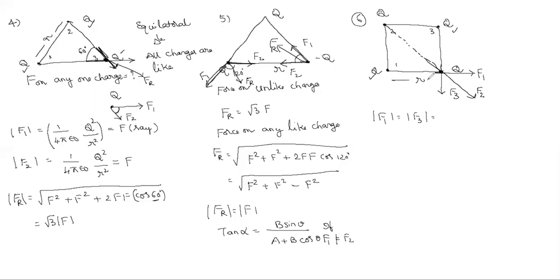Now I think you can say the magnitude of F1 and F3 very easily, taking each side as R: 1 by 4 pi epsilon naught q square by R square. This will be easy. And the resultant of these two, F1 and F3, they are exactly perpendicular.